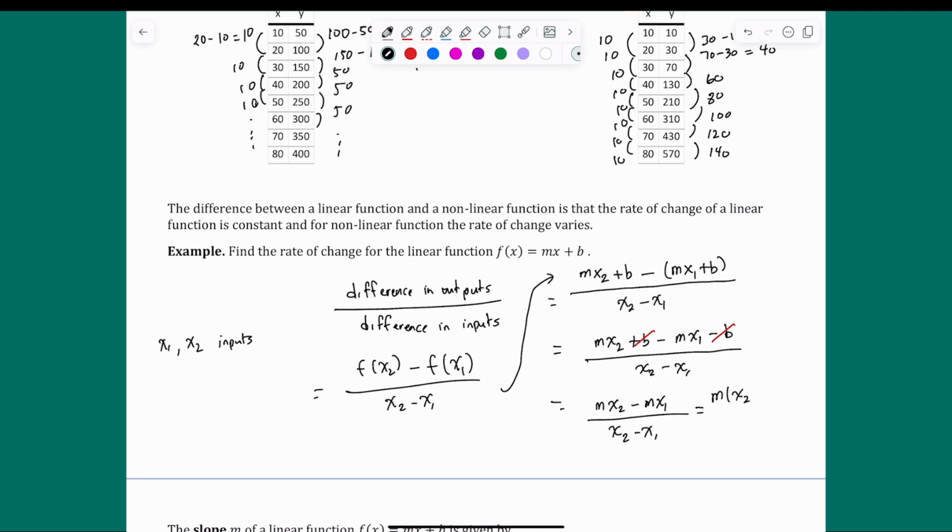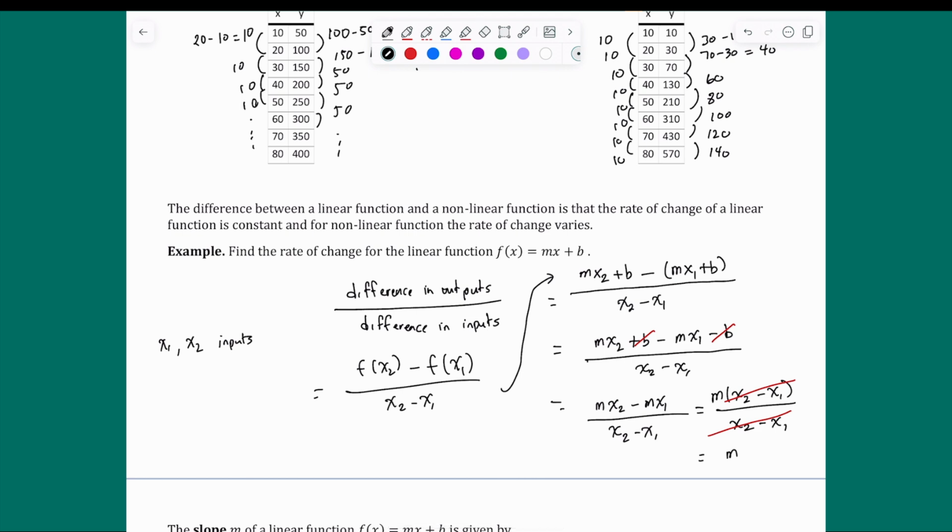We're left with m times x2 minus x1, all over x2 minus x1. That factor of x2 minus x1 cancels the factor on the bottom, and we're entirely left with just m over 1, or just m.